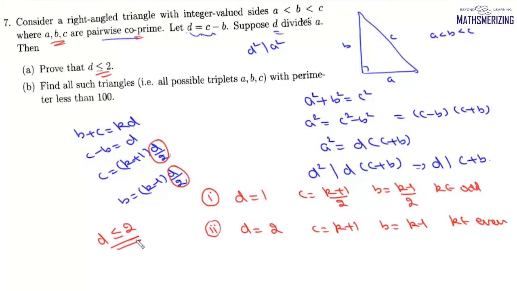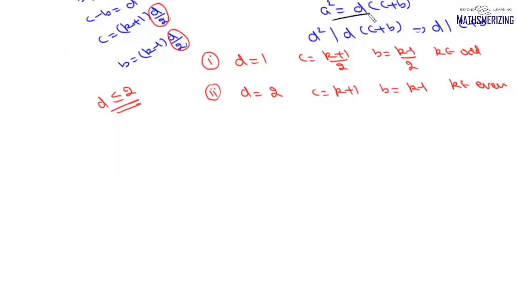Now the second part is, we need to find all such triangles, that is all possible triplets a, b and c, such that their perimeter is less than 100. Now we know that a square is d into c plus b.